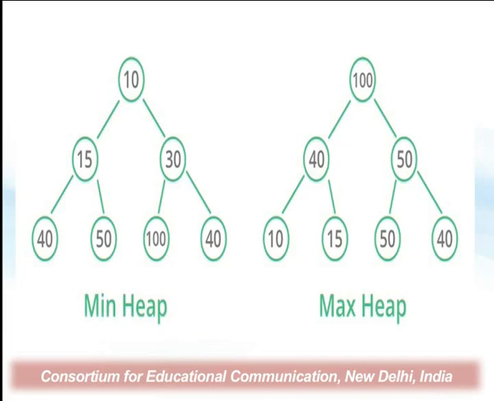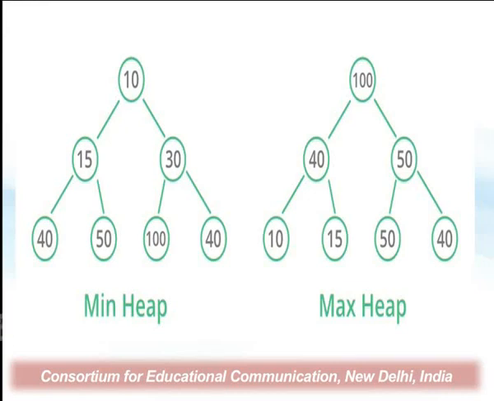Then considering the left subtree 15, 40 and 50, 15 is obviously the minimum among the three, and for 30, 100 and 40, 30 is the minimum among the right subtree. So that is a min heap tree, and you can notice that this is also a complete binary tree.